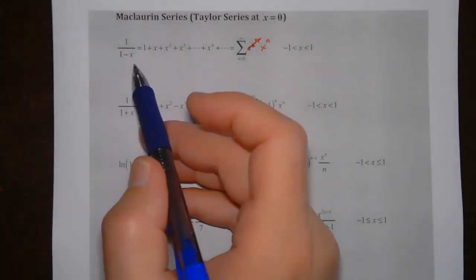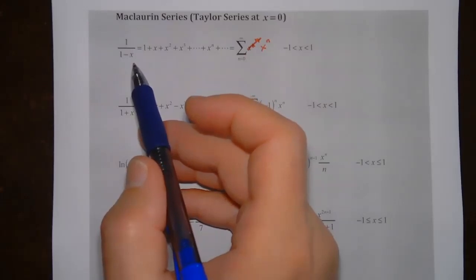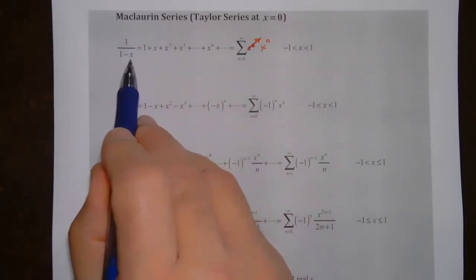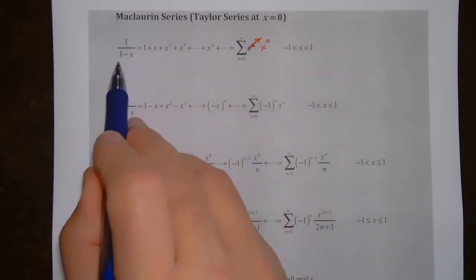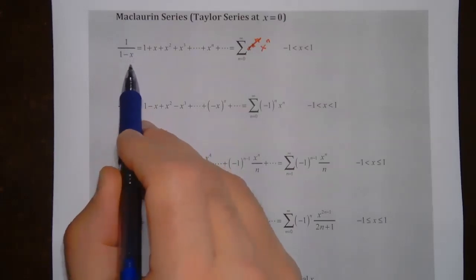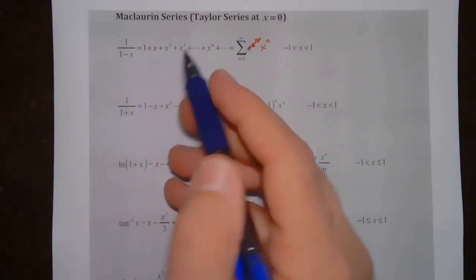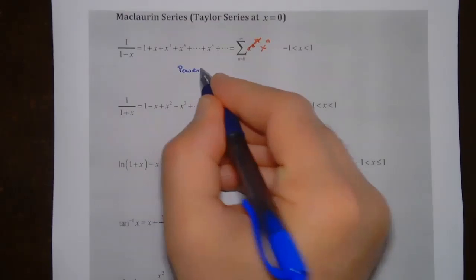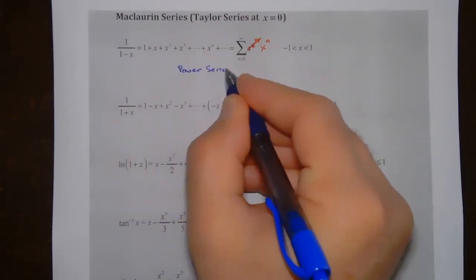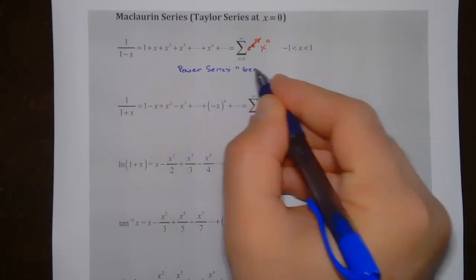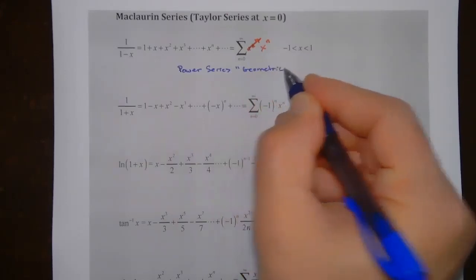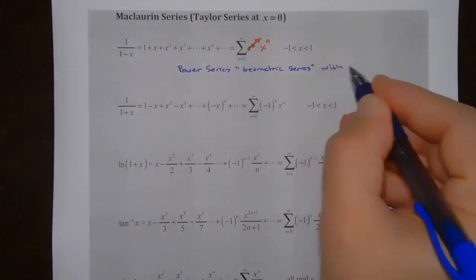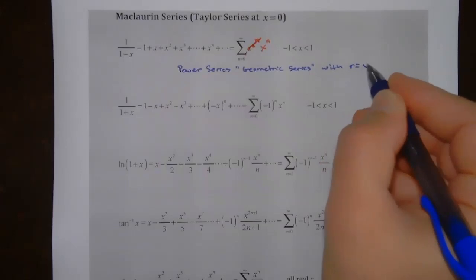All right, so this first one is a power series that we studied. It comes from the geometric series, recognizing that this is just like a geometric series. This one right here is your first term, and then this x would be your r, because remember, a sub 1 over 1 minus r is the format for the sum of a geometric series. So this is a power series, and it comes from the geometric series with r equal to x.